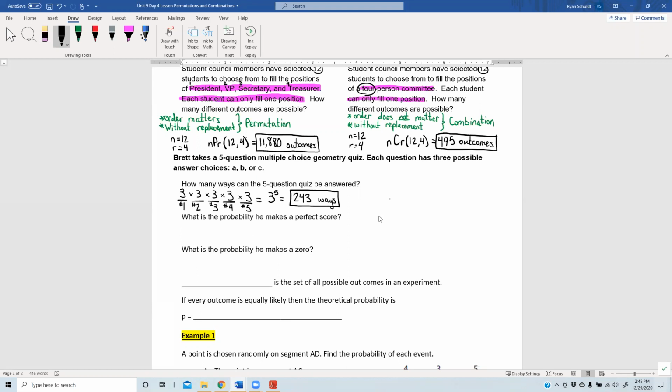Now, what's the probability he makes a perfect score? So let's think about a paper for a second. How many ways can you make a 100? So a perfect score means he makes a 100. There's only one way, right?